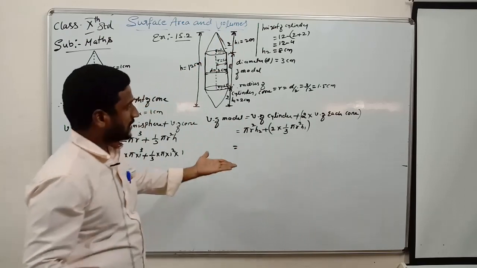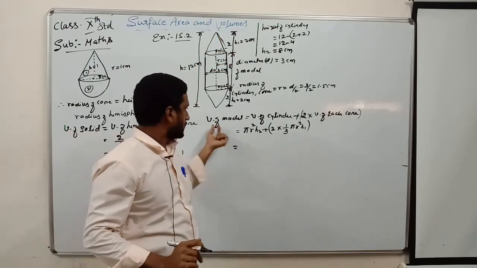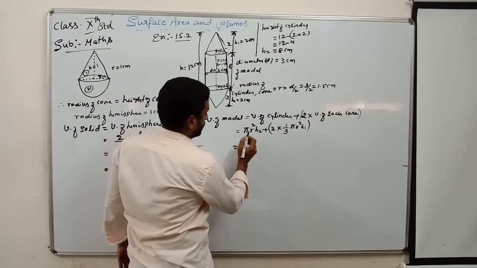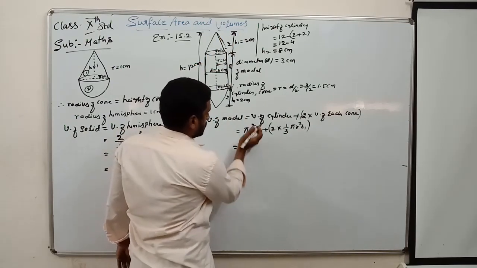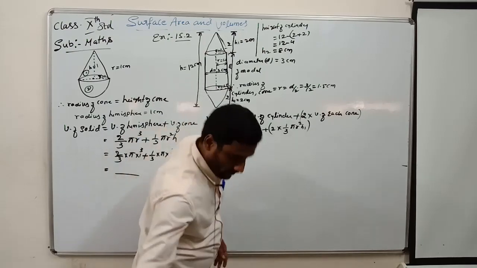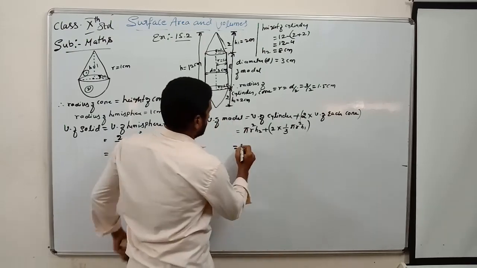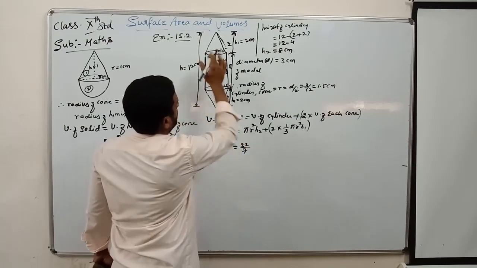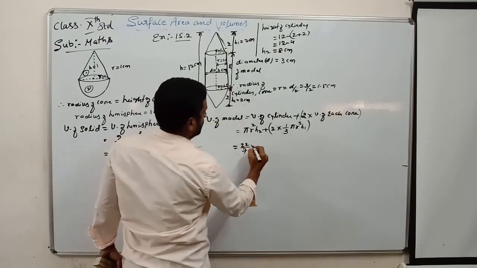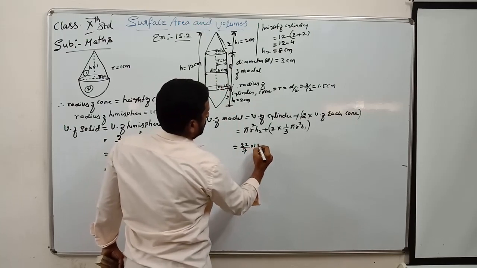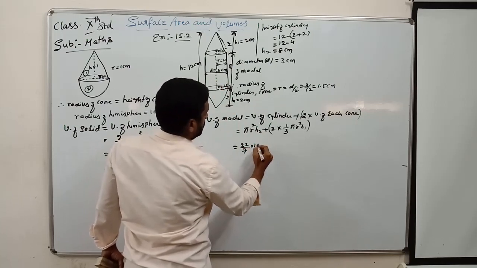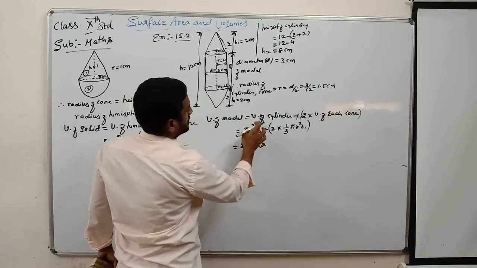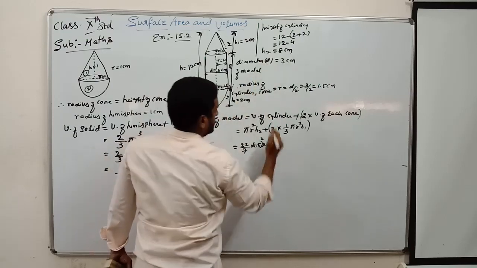Next, substitute the values here and you are going to get the volume of the model. Pi value is 22 by 7. The radius is the same for all, that is 1.5. So radius 1.5 whole square into H2, the cylinder height, H2 is 8 centimeter.